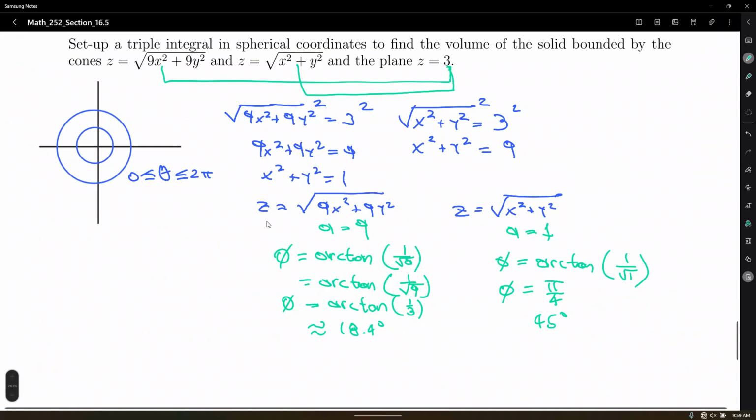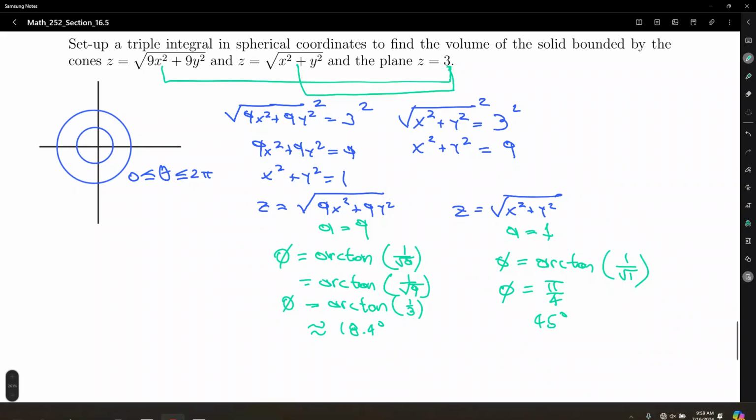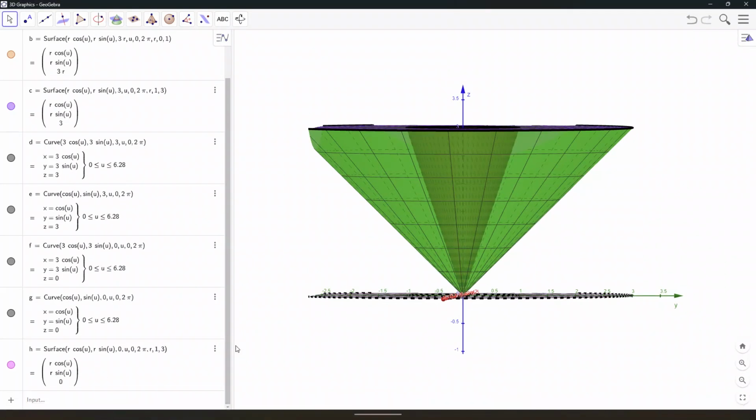Oh, wait. The radius. We need to establish the radius because clearly the smallest radius is 0, right? It's going to start from the origin, and the radius will vary. It's not going to be constant like rho equals 5, rho equals 7, depending on the sphere, because it's not a sphere. Again, the distance from the origin to this point is different to that point and to that point.